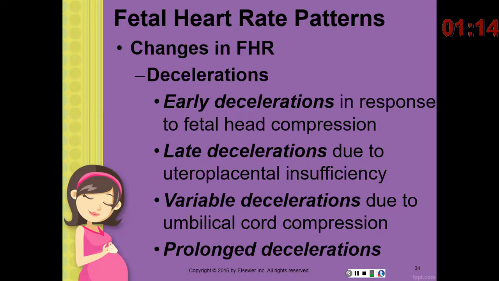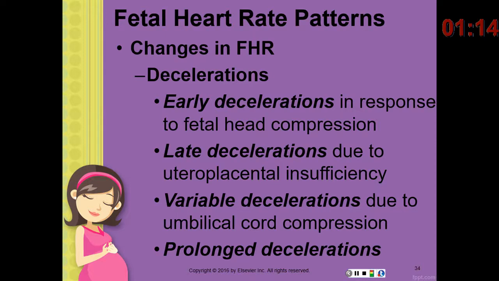All right. Late decelerations then are due to uteroplacental insufficiency. So something's going on with the placenta. Try to think about perfusion. So something is decreasing the perfusion from the placenta to the baby. And a further explanation of this is box 18-5 on page 422.